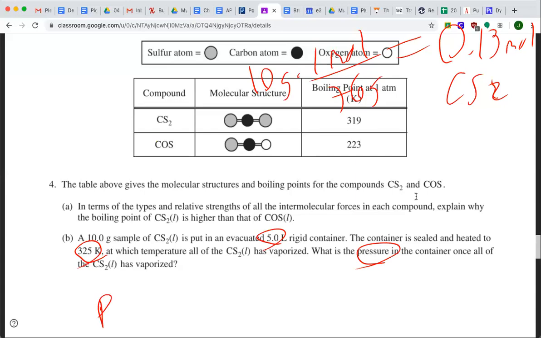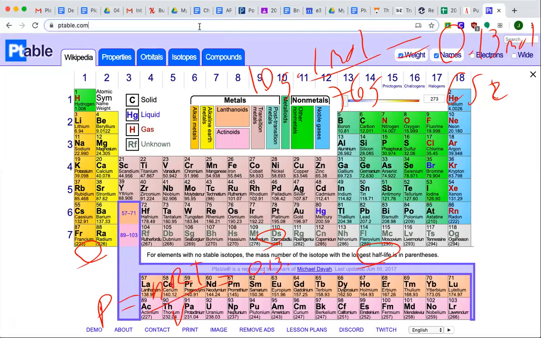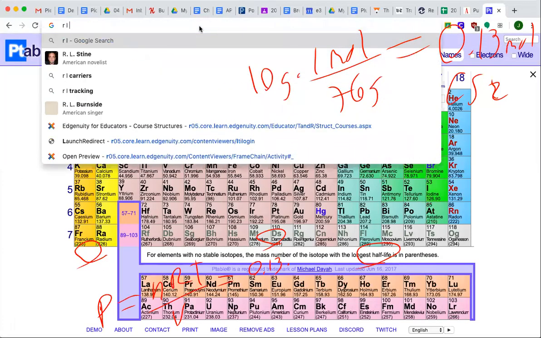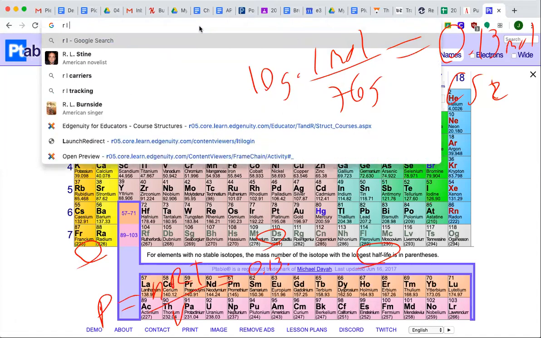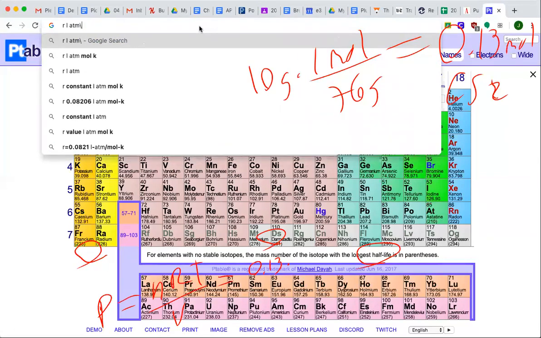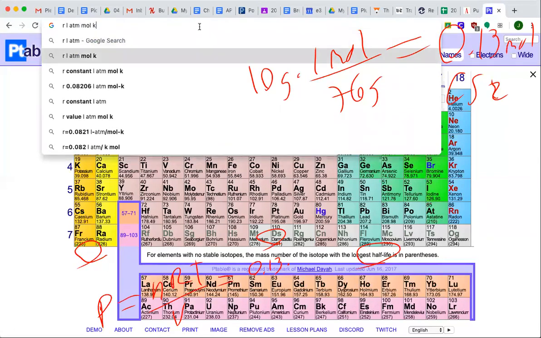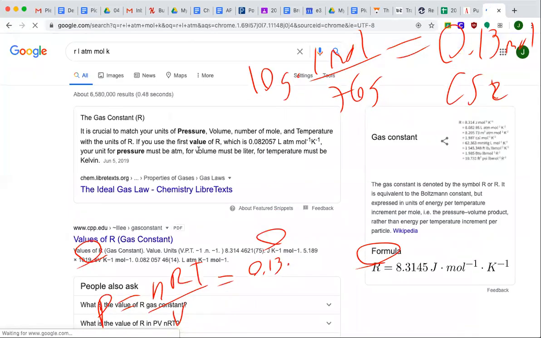So P equals nRT divided by V, which equals 0.13 times, let's just use liter atmospheres per mole Kelvin. R is 0.082.